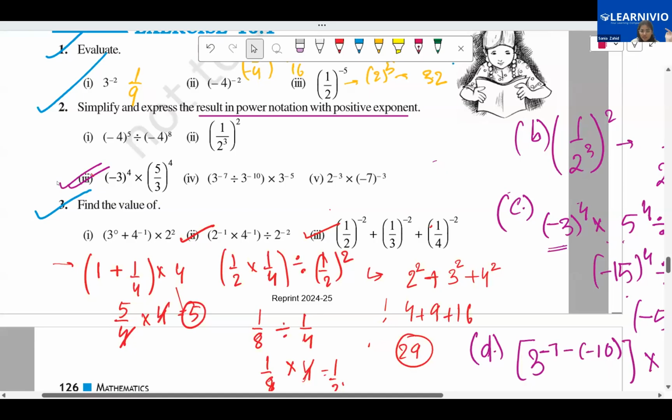So when it is mentioned that you have to write as exponent, you do not solve. But if it is not mentioned, if it is written, find the value of, evaluate, then you always solve the entire thing. But when it is written, write in power notation, then do not solve. Okay.